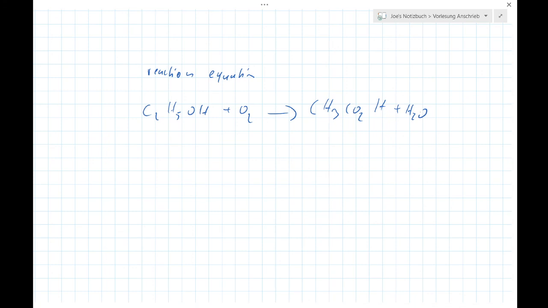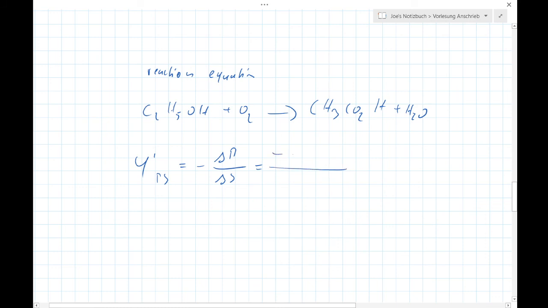And now we go for the observed yield, the Y. We are always looking at the product per substrate, so it's minus delta P divided by delta S, and based on the exercise, 7.5 grams are in the off stream, so it's 7.5 minus 0.